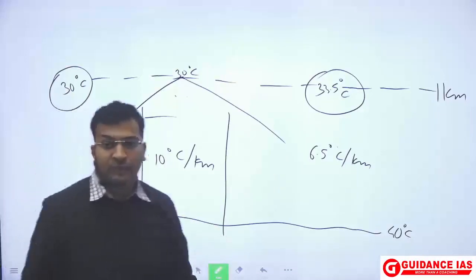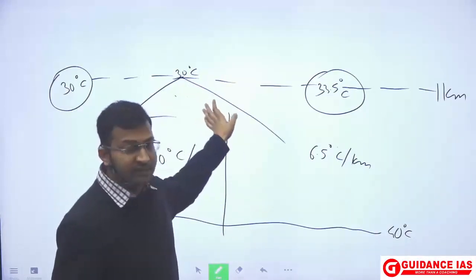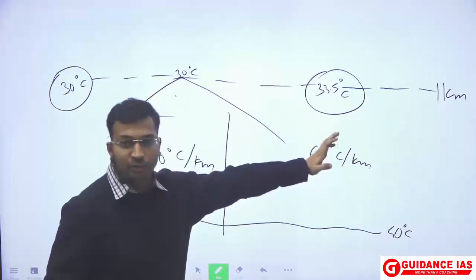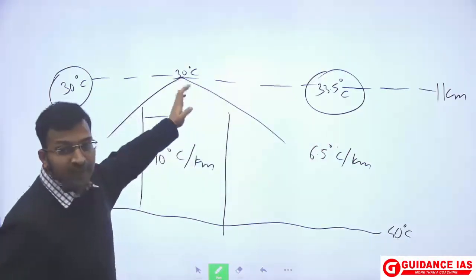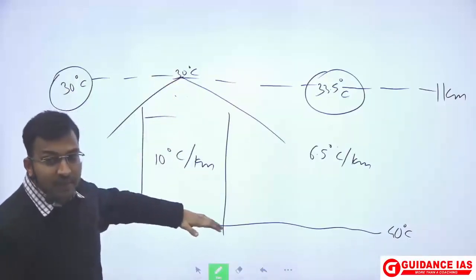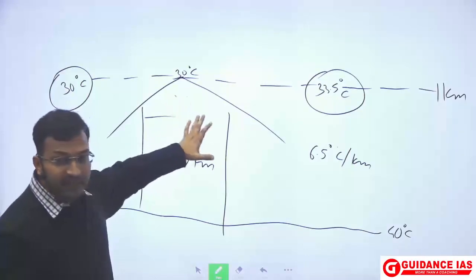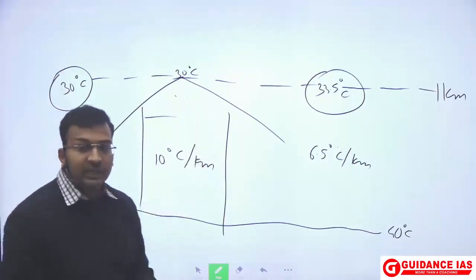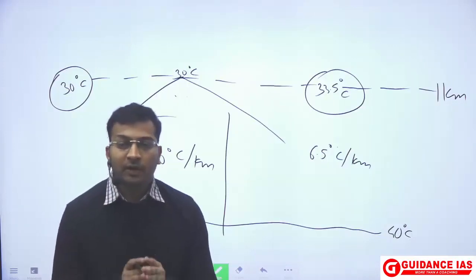Most of you will be confused that the temperature of this air mass is less than the surrounding environment. Since it is cold, it should become heavy and descend. It will descend, but not immediately. A stability in the atmosphere will be observed for a certain period of time.